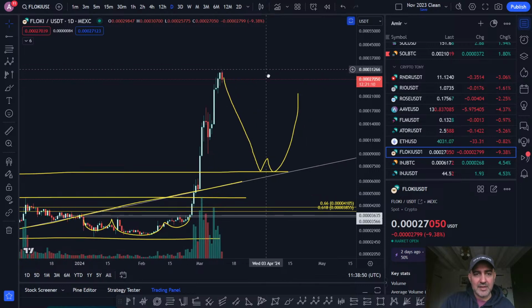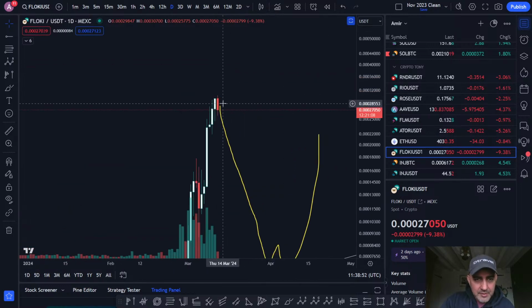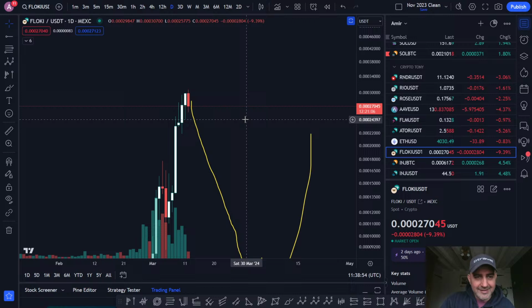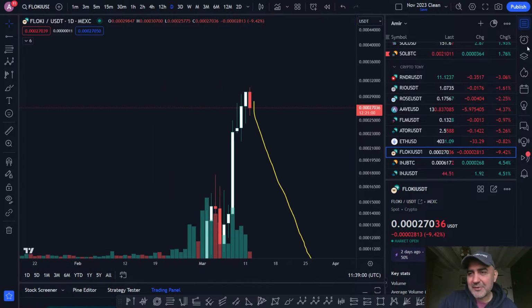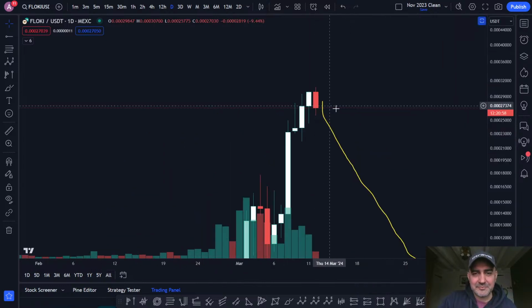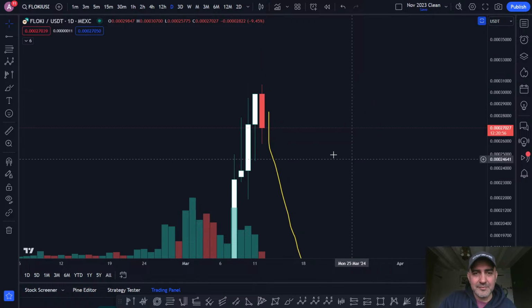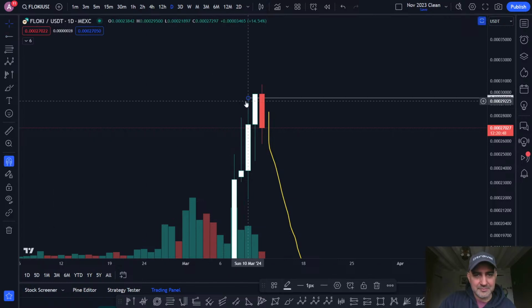You could short that. It's always a risk. Well, what I'm seeing today is a little bit of a reversal candle pattern on Floki. Look. There's a little bit of reversal there. Close above, close back down, reverse this candle.